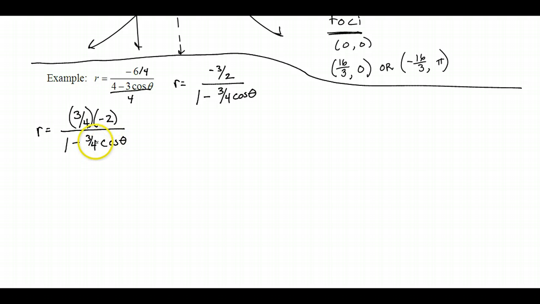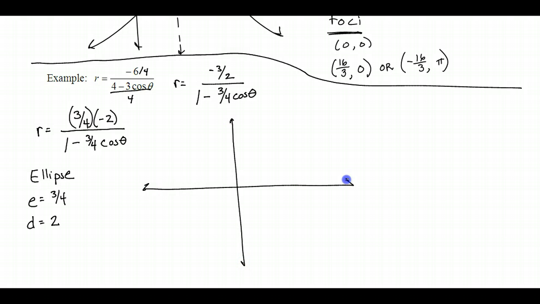To identify everything, our eccentricity is 3/4, so we're back to graphing an ellipse. Our distance now has to be a positive 2. So I know it's a negative, but we have to take the absolute value of it. When we graph though, that negative is very important.